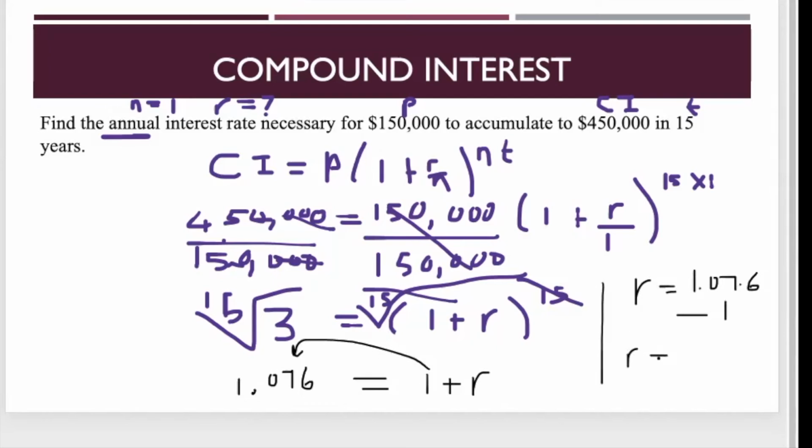So R is equal to 0.076. Now remember, we're always giving the rate as a percentage, so just multiply this by 100. So R is equal to 7.6%.